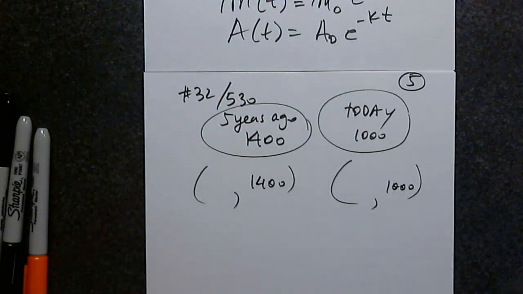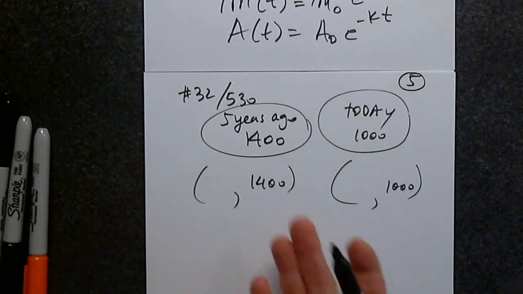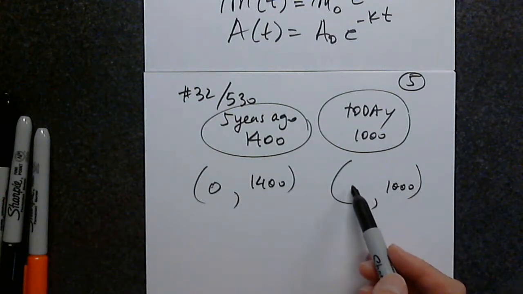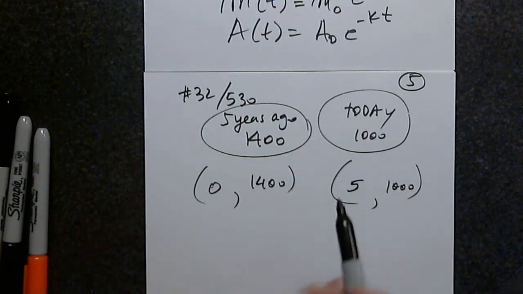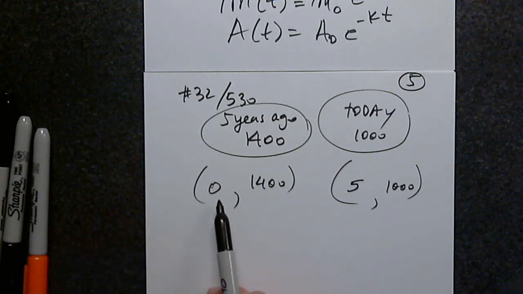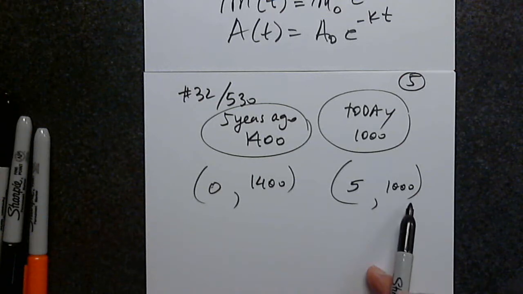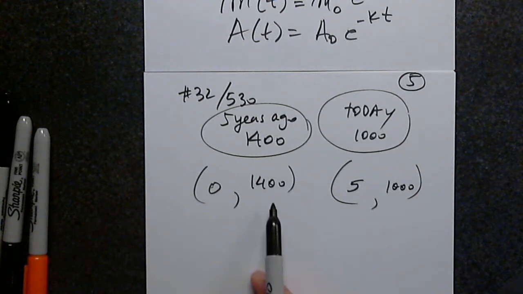That's the dependent variable. What I recommend is to consider 5 years ago as 0, and today as 5, instead of having a negative time. So let's say we started counting 5 years ago, and that's our initial value, 0. Today, 5 years later, we read this.